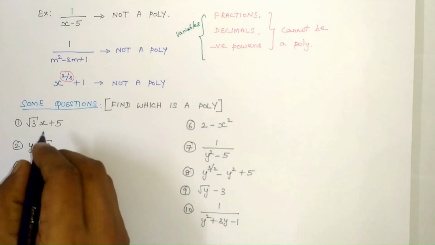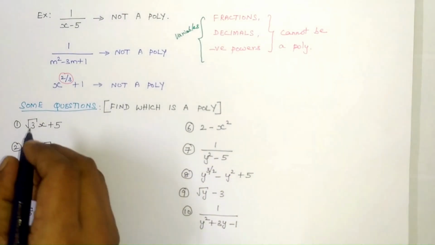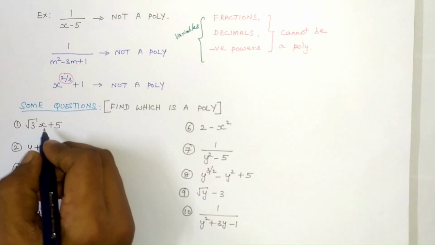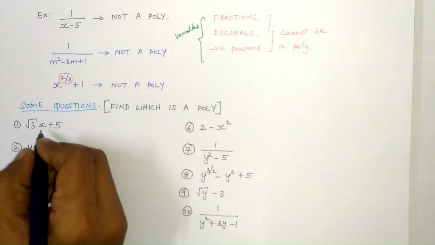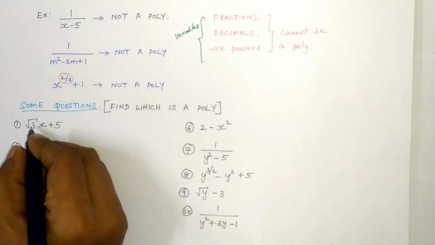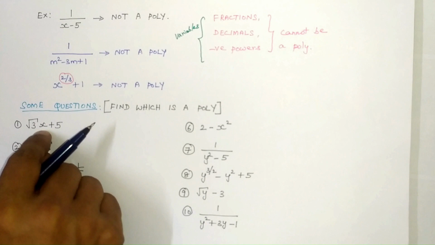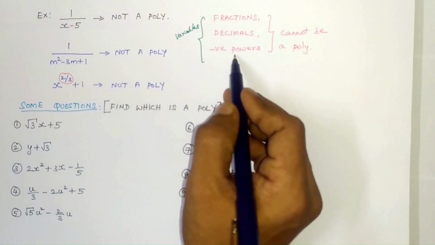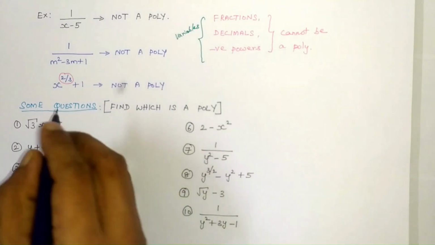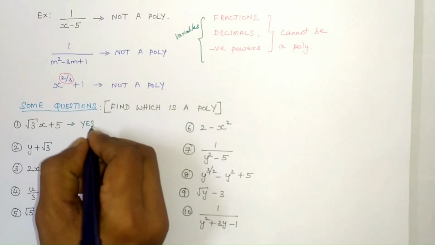Here x is the variable, and the degree of x is 1. It is not in the numerator or denominator, everything is fine. Square root of 3 is the coefficient of x. But x does not have any fraction or decimal or negative powers. So yes, it is a polynomial.